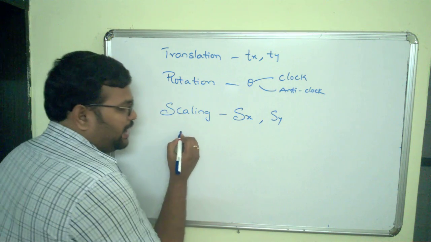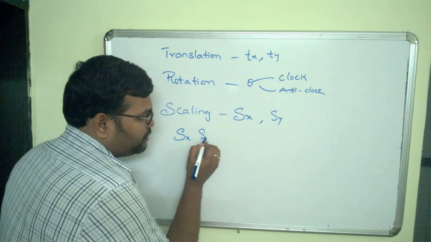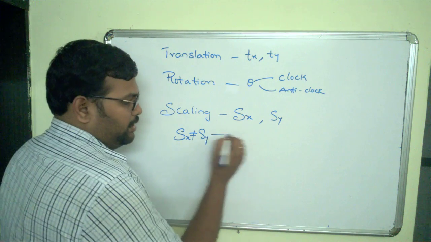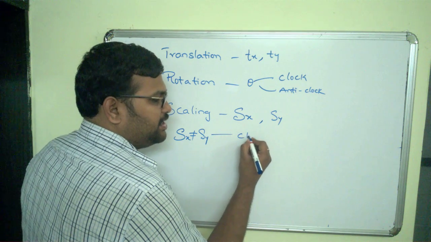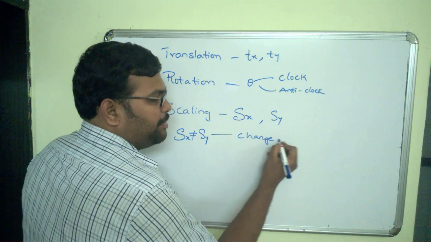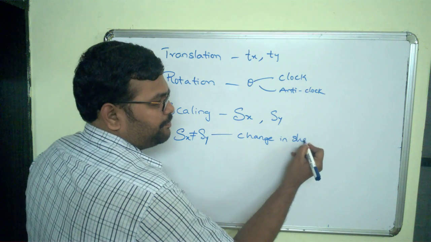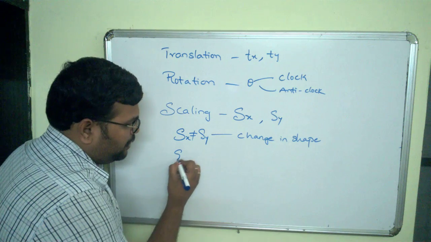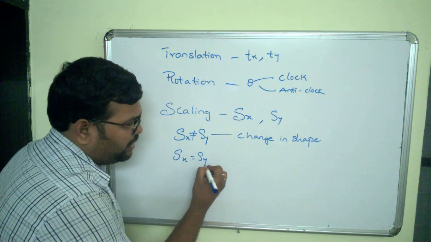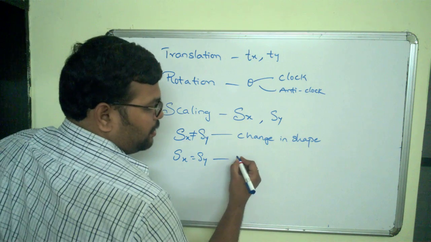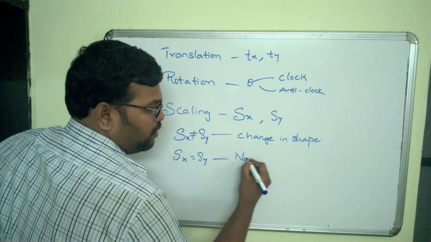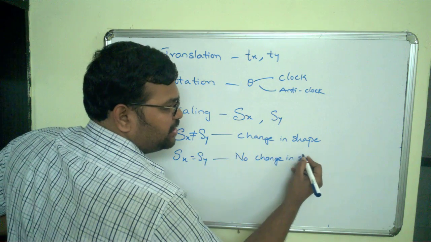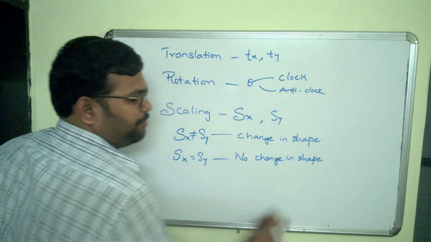If both sx and sy are not equal, it indicates change in shape. If sx is equal to sy, then there is no change in shape of an object.